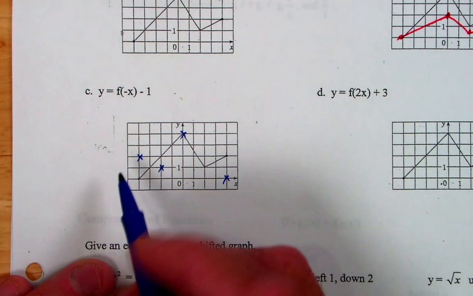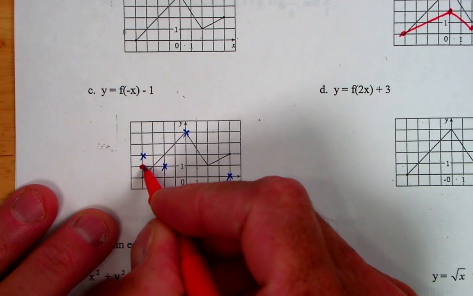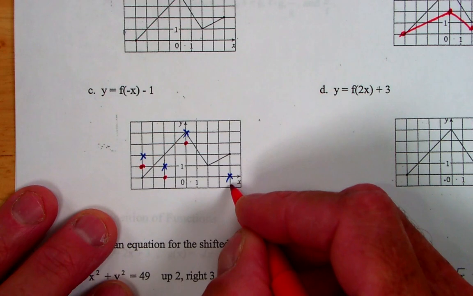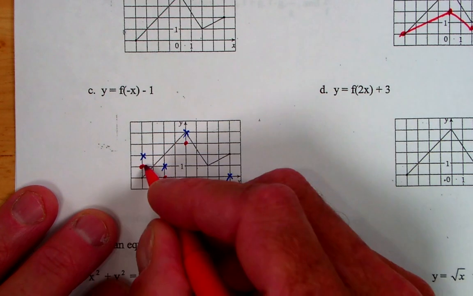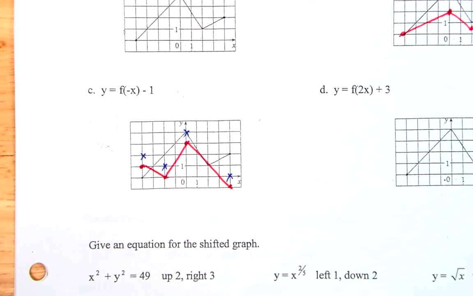Okay? I'm not going to draw that because it's just going to muddy up my graph. But that is my first change. And then what's going to happen from there? Down 1. Here we go. Boom, boom, boom. Looking at my blues. There you go. It's been flipped, slid down.